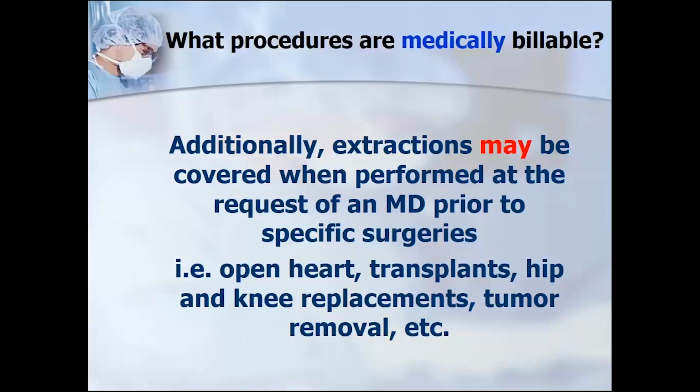Additionally, extractions may be covered when performed at the request of a physician prior to specific surgeries, such as open heart surgery, transplants, hip and knee replacement, tumor removal, etc.